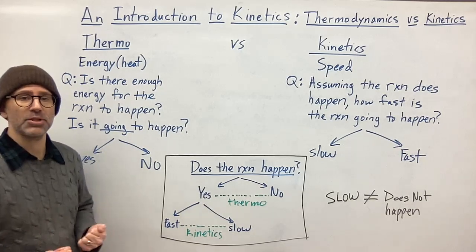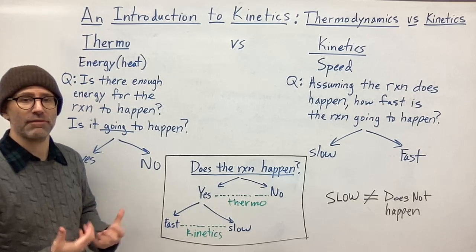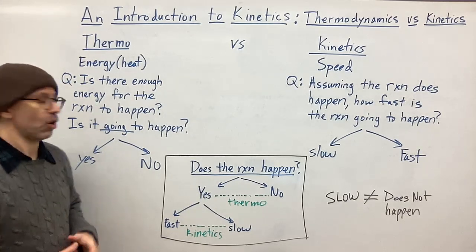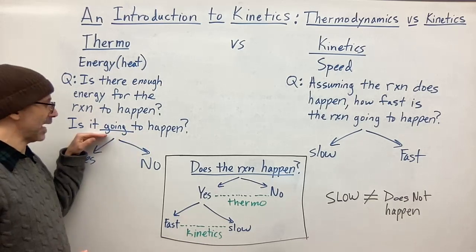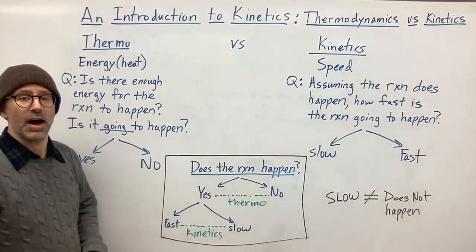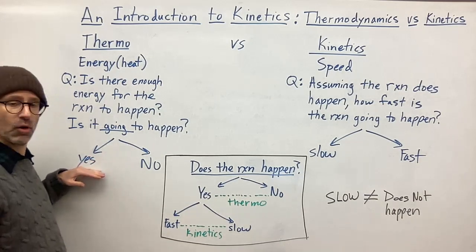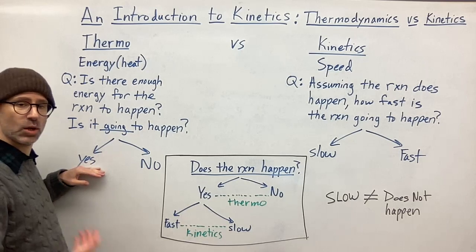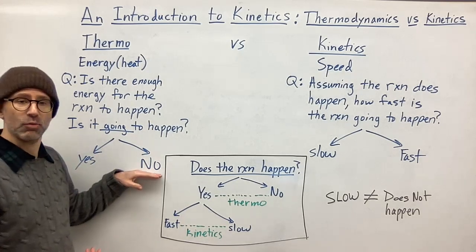So in chemistry, we're asking, is there enough energy for the reaction to happen? Is this going to be possible? So basically, thermodynamics is asking, is the reaction going to happen or not? The answer that thermodynamics is trying to find is either yes, it will go, or no, it won't go.